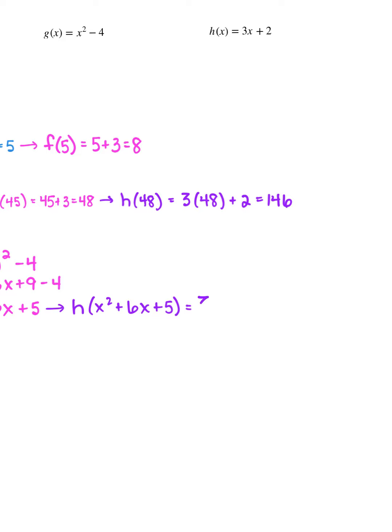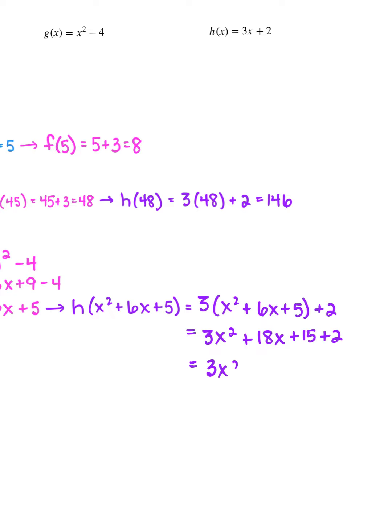So I'm going to do 3 times that whole thing, and then plus 2. And let's just simplify that out. So 3x squared plus 18x plus 15. I'm distributing the 3, plus 2. And so the final answer here would be 3x squared plus 18x plus 17. And that's it.